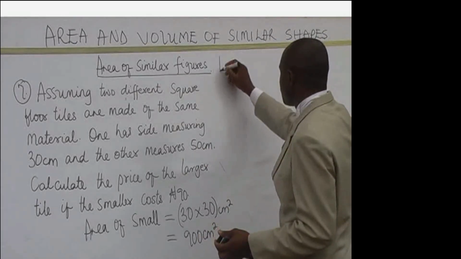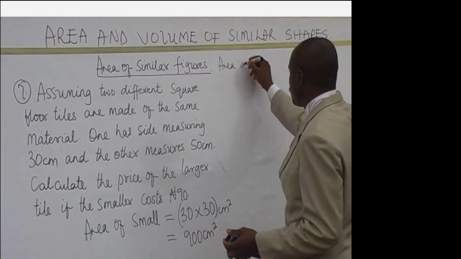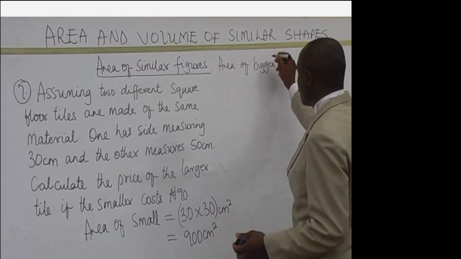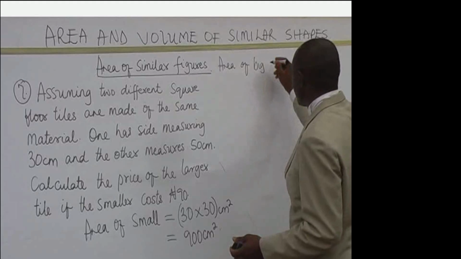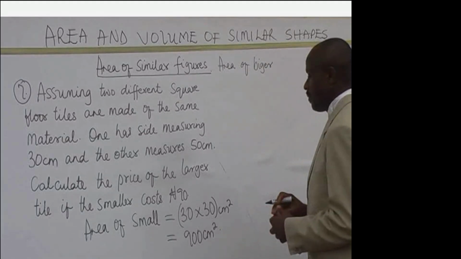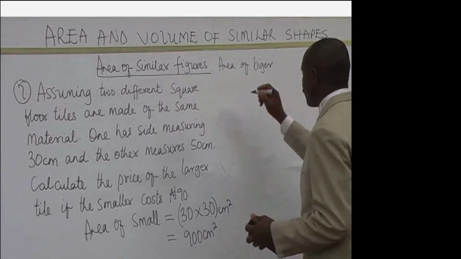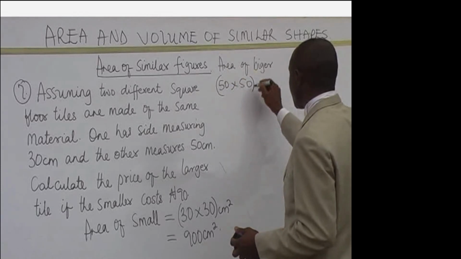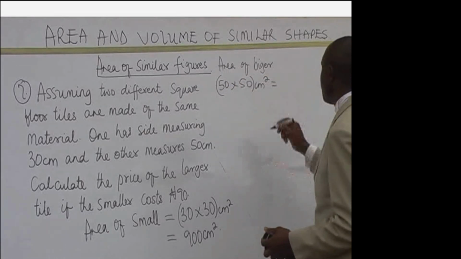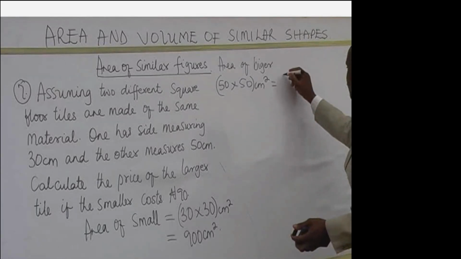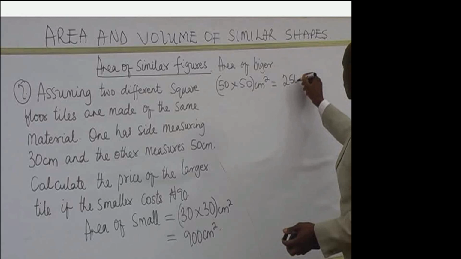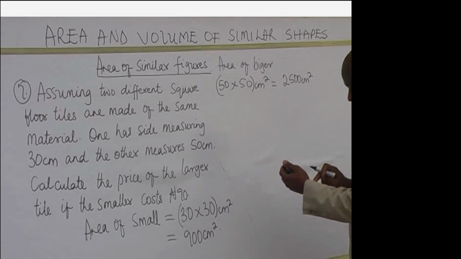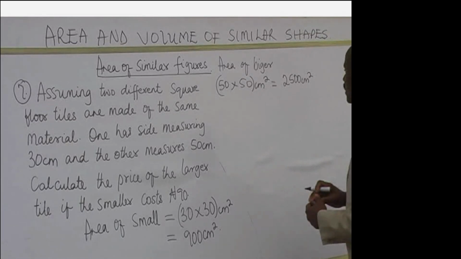That means the area of the bigger or larger tile will now be 50 times 50 centimeters squared, and 50 times 50 is 2,500. Let's confirm. We are correct.